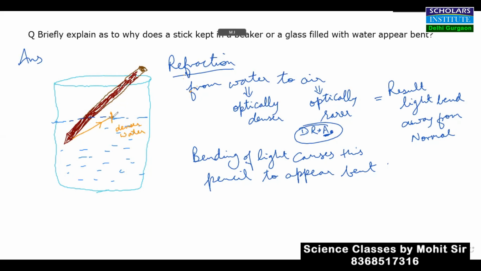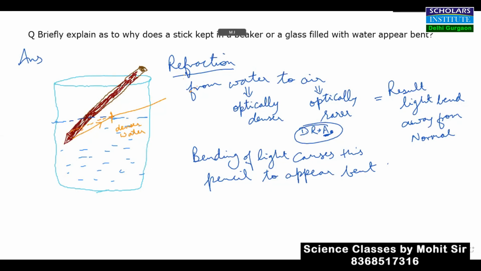So it will bend away from the normal. So if I retrace this line, it will come out to be somewhere here.